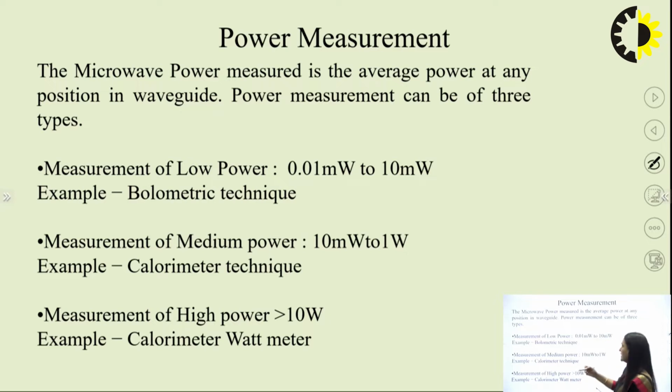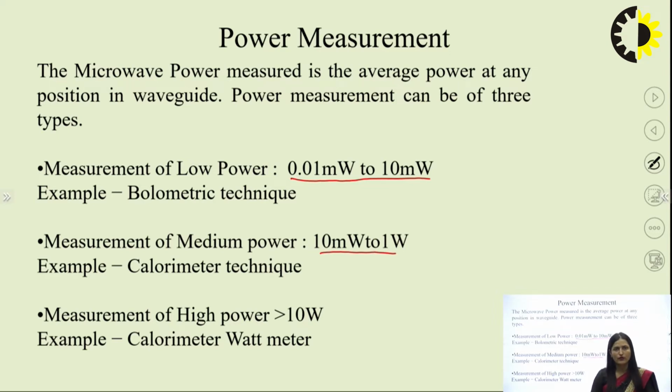Low power means the power between 0.01 milliwatt to 10 milliwatt. It means a signal less than 10 milliwatt can be measured using low power. Measurement of medium power means the power between 10 milliwatt to 1 watt.